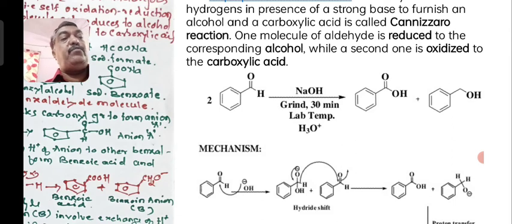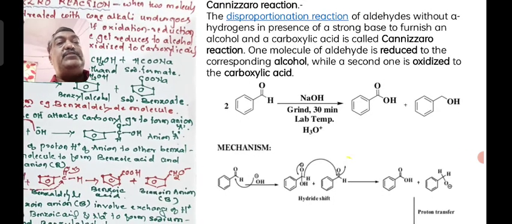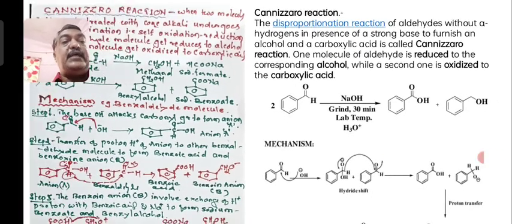One will form alcohol and another will form acid. Okay, so this is a reaction where self oxidation and self reduction occur simultaneously within the molecule. Such a reaction is known as what we call the Cannizzaro reaction.